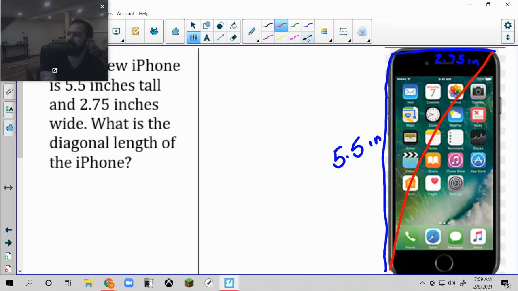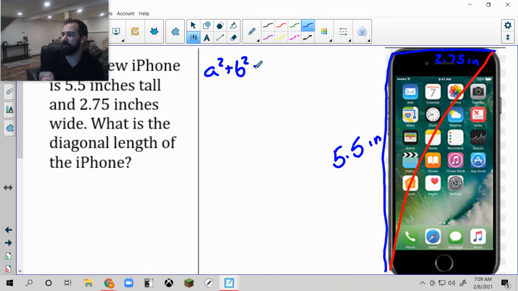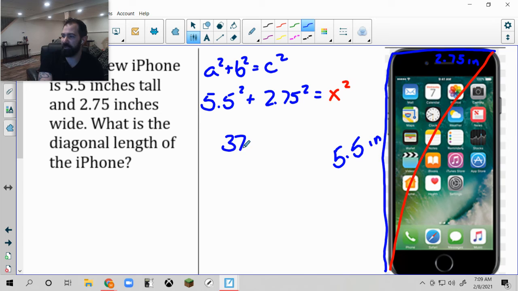Missing a hypotenuse again. So we're just doing a squared plus b squared equals c squared. 5.5 squared plus 2.75 squared, and that should equal x squared. If I add those together, I'm going to get 37.8125 equals x squared.